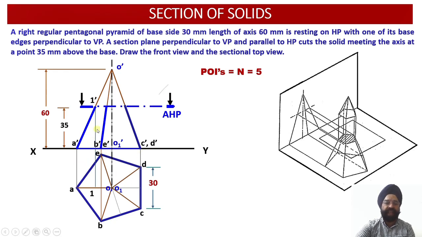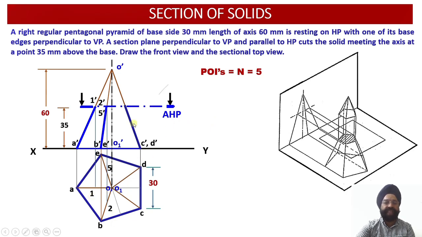So 1 dash I am going to bring down. Wherever this vertical projector intersects OA, that is the top view of the slant edge OA, I get this intersection point as 1 over here. So 1 dash is the front view of the first POI, and this is the top view of the first POI.